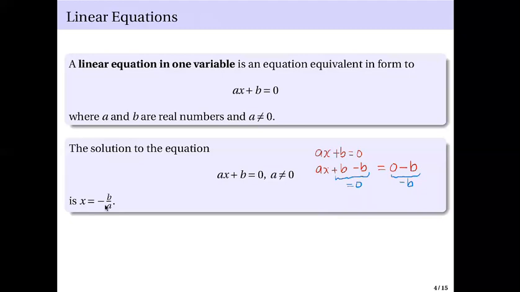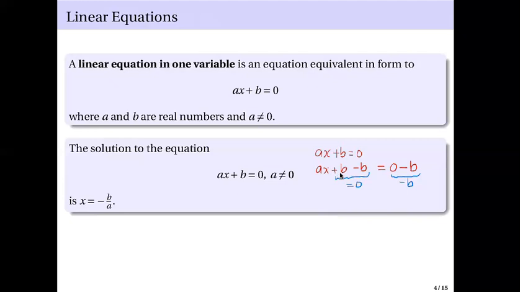So these two guys here are actually properties of the number 0 or the negative of a given number. Okay, so these two are properties. But what's the point?